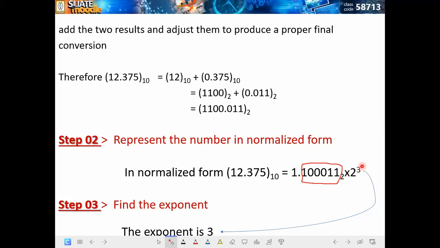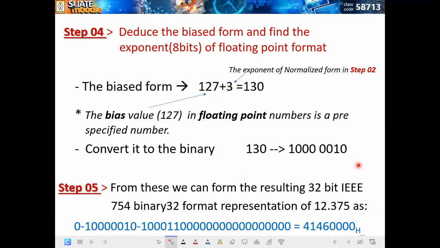Step 4, you add that exponent value to 127, then you get another value, the biased value. Then you convert this value into binary. So this is the exponent part you use in this 32-bit binary representation.